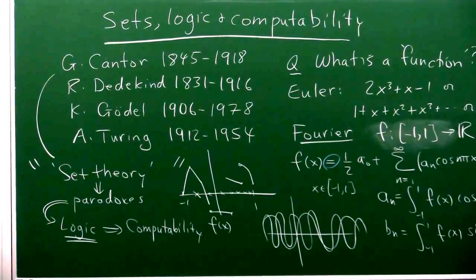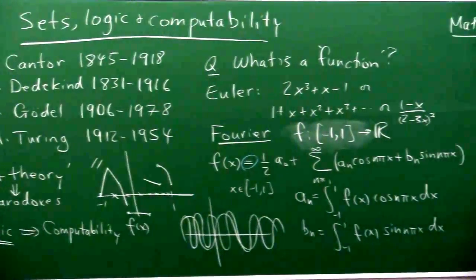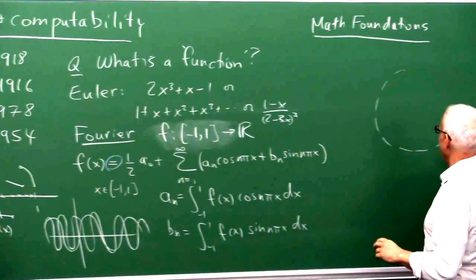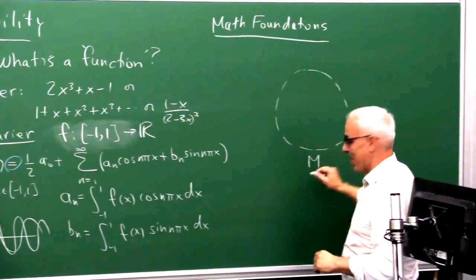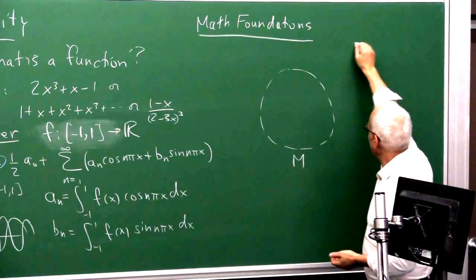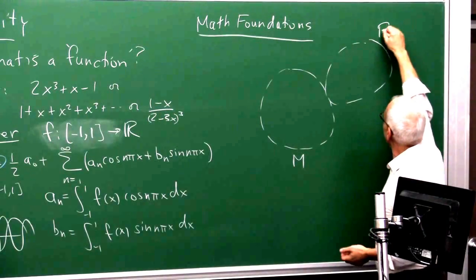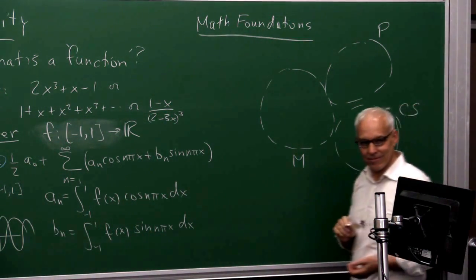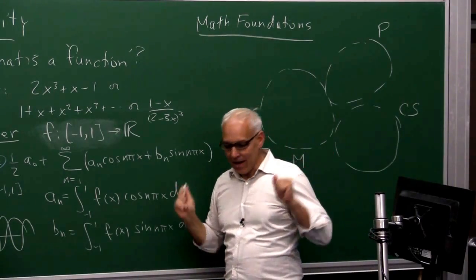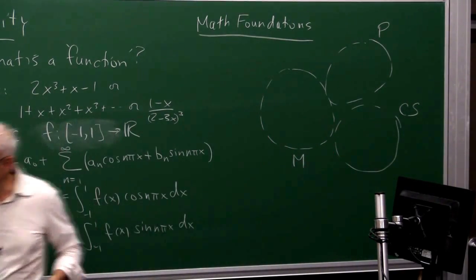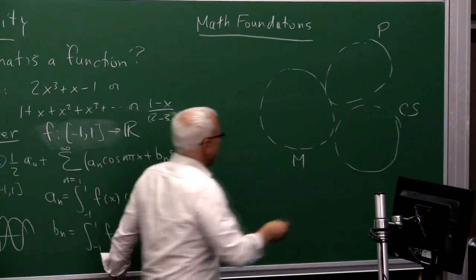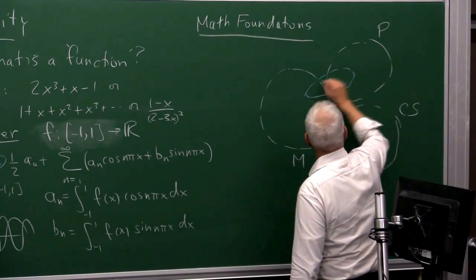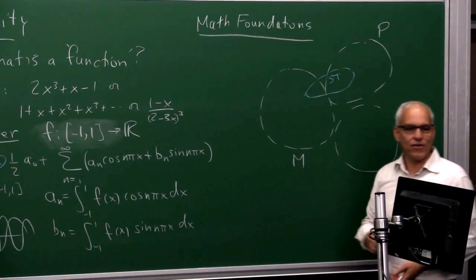And a picture that you might have in mind to understand that, this is very diagrammatic. Okay? Suppose that's mathematics, and maybe over here we have philosophy, and maybe over here we have computer science, very roughly. Then set theory, as far as I see it, fits something like this.